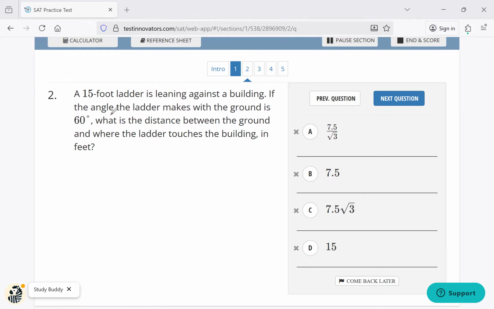You need to draw an image, and it has to be exact. So here we have a ladder that's 15 feet, and it forms a right triangle like this.